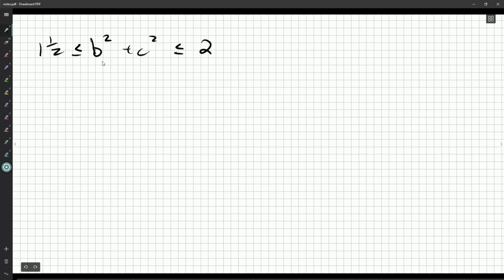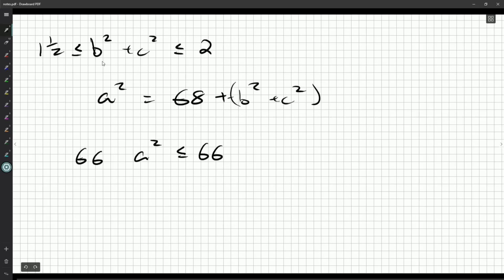So, for example, if we somehow knew B squared and C squared are at most 1. So if I knew that B squared plus C squared was between 2 and 1.5, for example, then A squared is 68 minus B squared plus C squared, and I'd have A squared is between 66 and 66 and a half.